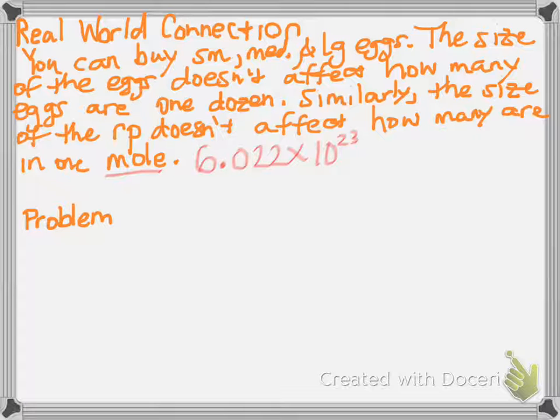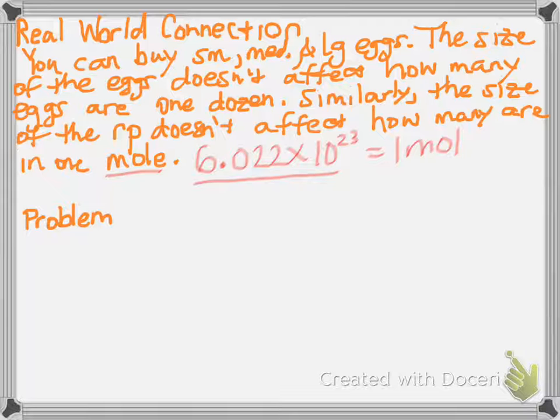The same thing is true when I talk about having 1 mole of some substance. I always am going to have 6.022 times 10 to the 23rd. How much mass that is going to depend upon the size of the atom or the substance. If it's something that's large and massive, it's going to take a large mass to get 6.022 times 10 to the 23rd. If that substance is really tiny, then it's not going to take very much mass.